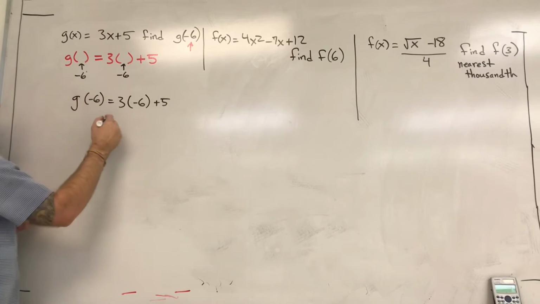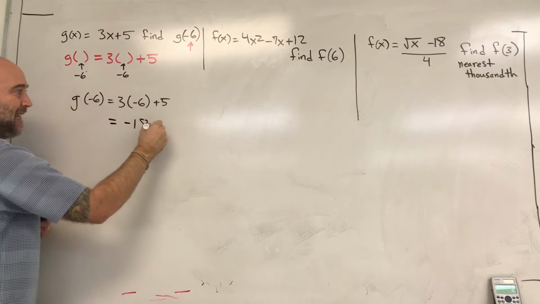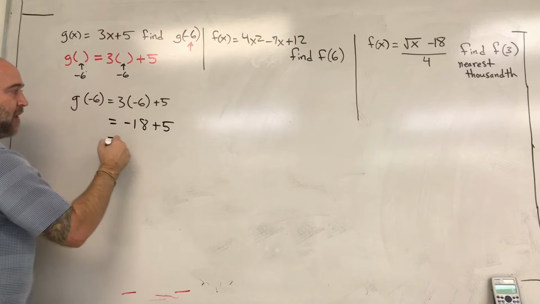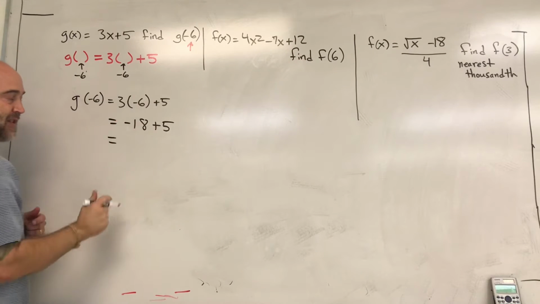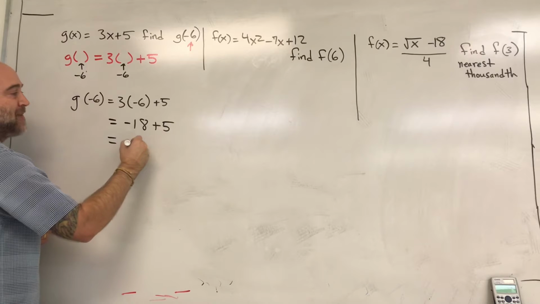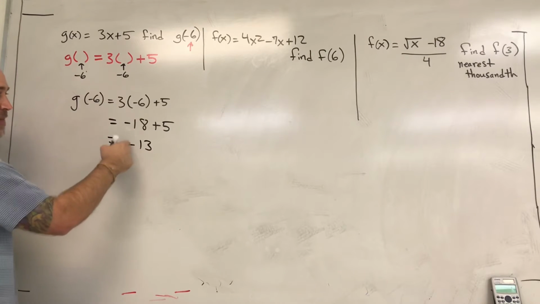So nothing changes over here, and we have 3 times -6 is -18 plus 5. A negative and a positive, when you're adding them, that means we'll subtract. Since there's one negative number, this becomes -13. The sign goes with the larger number.